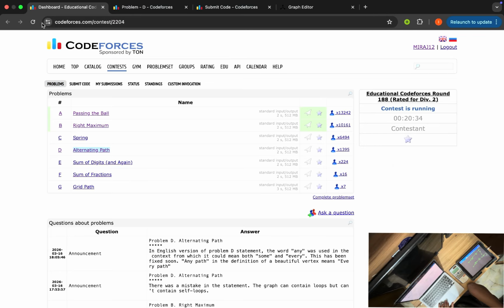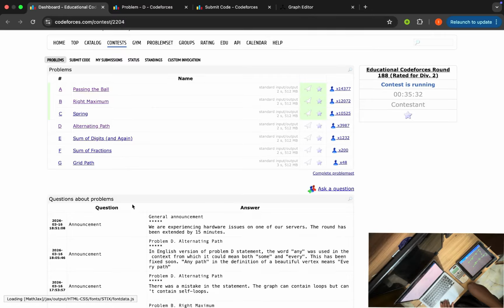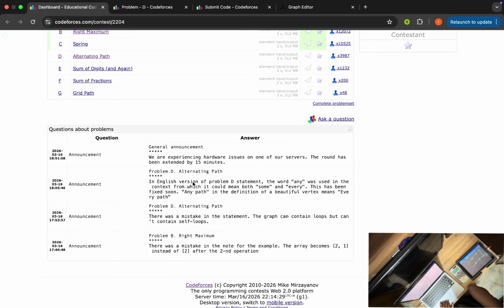Let's see the dashboard for D. Problem D: in the English version of the problem D statement, the word any was used in a context in which it could mean both some and every. This has been fixed. Any path in the definition of a beautiful vertex means every path. Alternatively, there was a mistake.